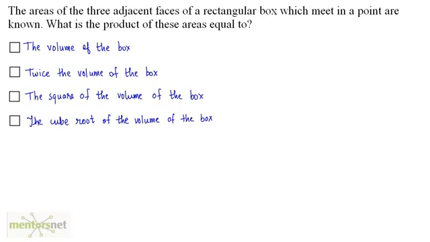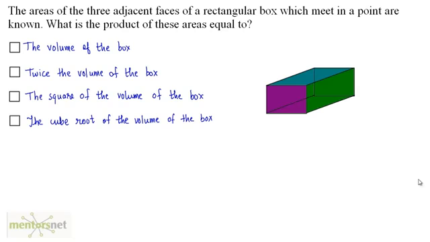The areas of the three adjacent faces of a rectangular box which meet in a point are known. What is the product of these areas equal to? So we have these three faces colored with different colors meeting at this point.